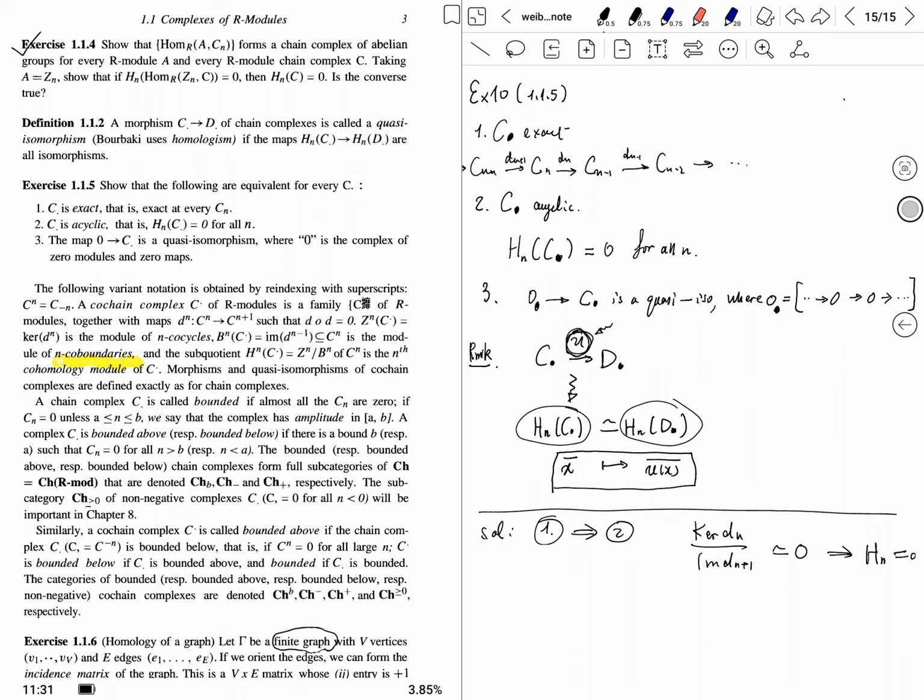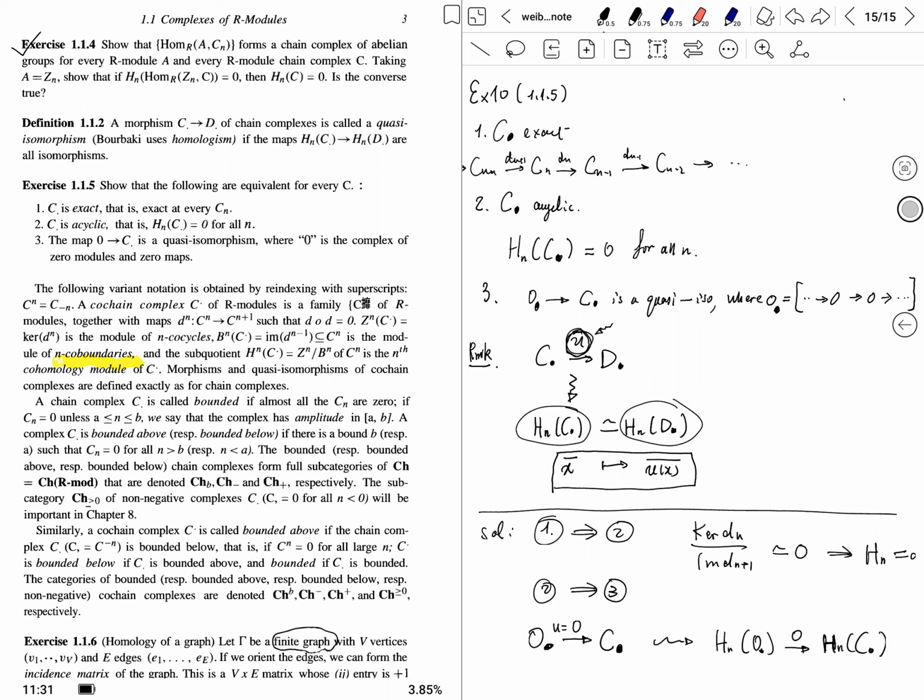How about 2 implies 3? So there is obviously this map, which is a 0 map, which means u equals 0, and so it induces H_n(0), still the 0 map, to H_n(C).